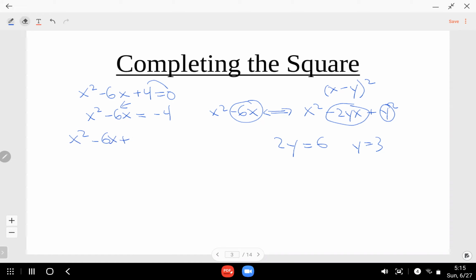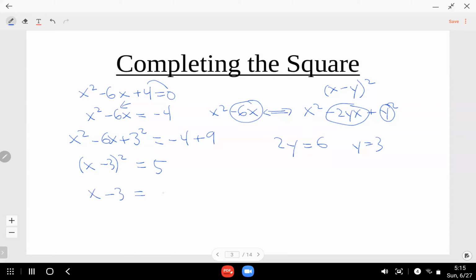And since we added 3 squared on this side, to add 3 squared to the other side, 4 plus 9. All right, and then what you get is x minus 3 squared, because this can just be simplified into that, equals 5. Square root both sides.